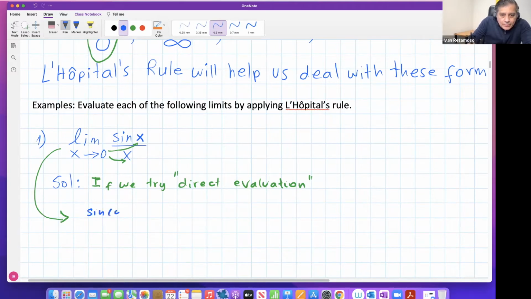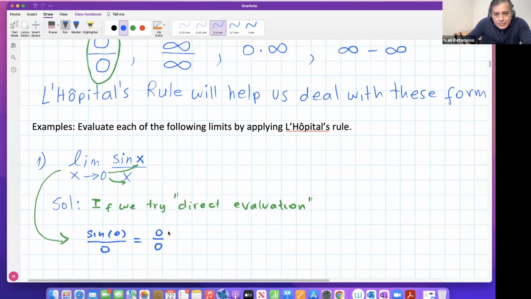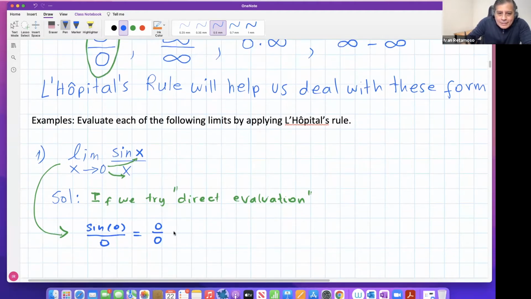Sine of 0 over 0, right? But sine of 0 is just 0, right? 0 over 0, we got stuck here. We got this form, right? We don't know what to do. This is undefined, right? Cannot be computed.